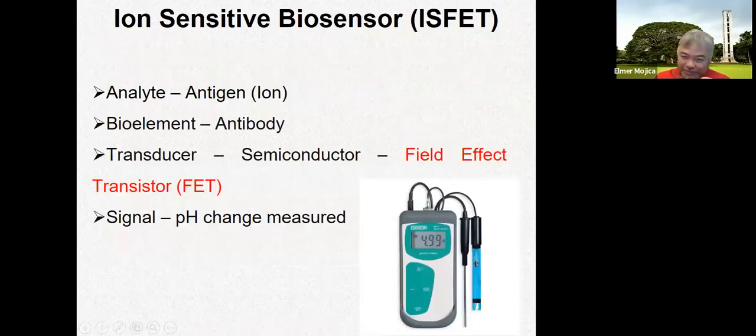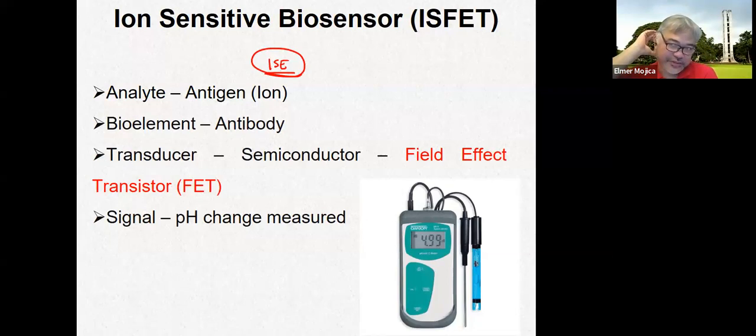Now, the last one, before we go to the electrochemical, is the so-called ion sensitive biosensor. So we could say this is just your ISE but a sensor type. Okay. So I think when we have potentiometry, we talk about ISFET, the field effect transistor.